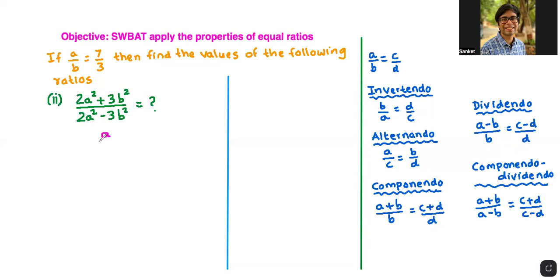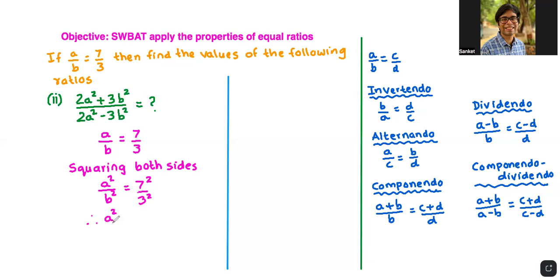I'm going to start with the equal ratios that are given to me. A upon B equal to 7 upon 3. I can see over here that A is squared. So I need to do that, squaring both sides. I get A squared upon B squared is equal to 7 squared upon 3 squared.